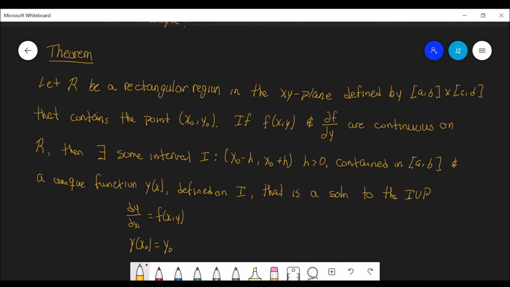So again, to reiterate, this backwards E is shorthand for there exists.